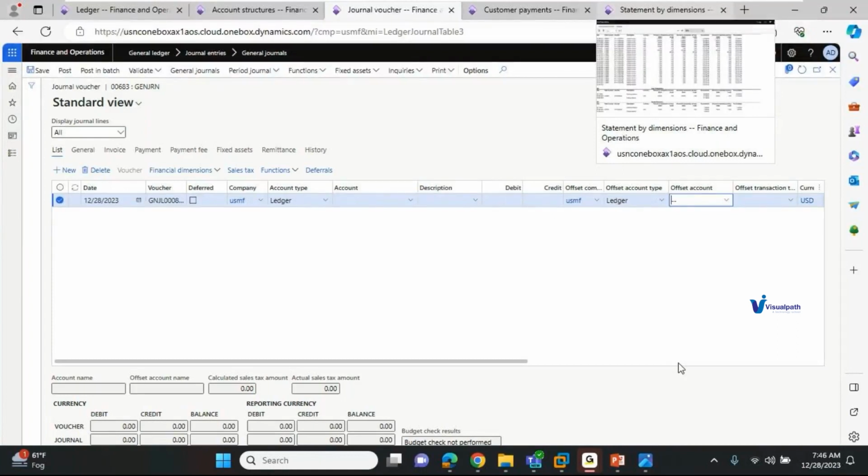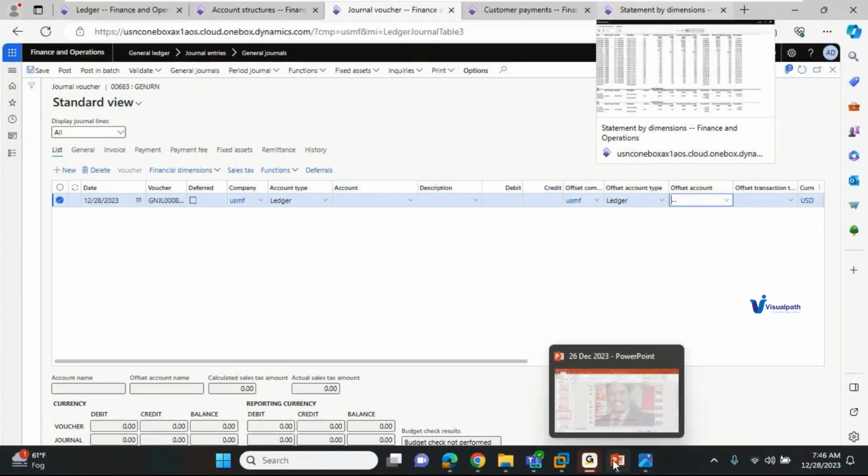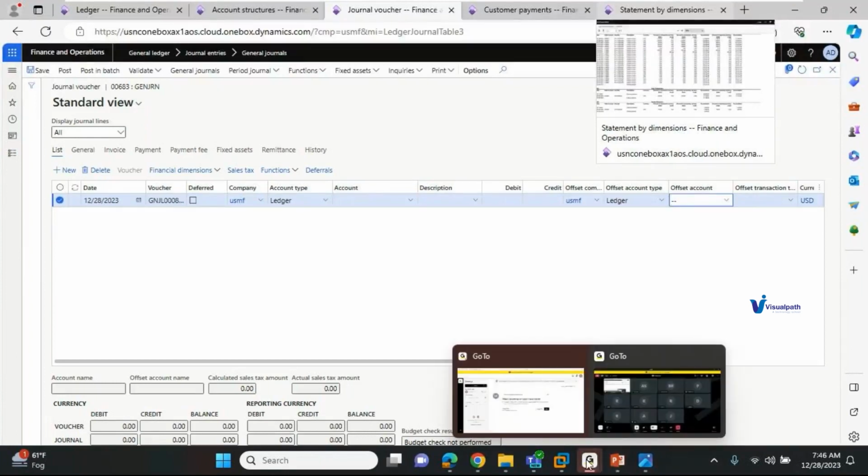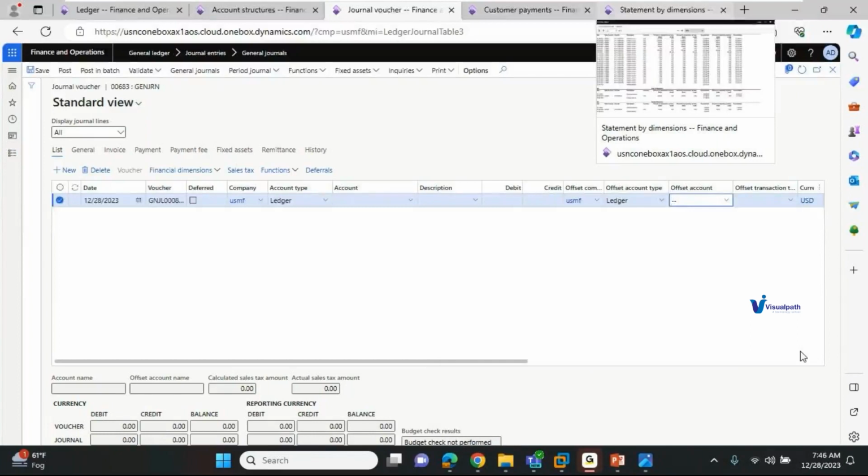But if you are giving cash or a check directly, you can use this function here, like ledger to vendor. If you want to give payment to an employee, in the system the employee is not a submaster, I mean, not a subledger.